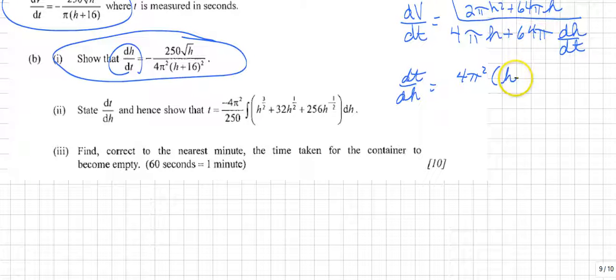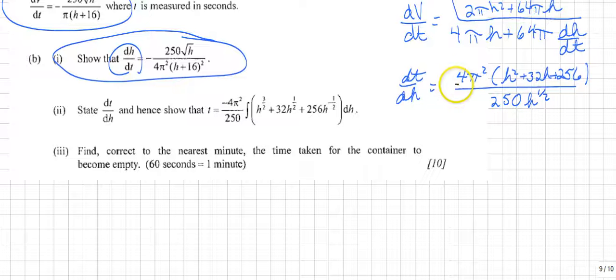I'm going to go ahead and multiply that out, go back to where we were, 32h plus 256. And that is all over 250 square root of h, which I'm going to write as h to the 1/2. And this is negative.